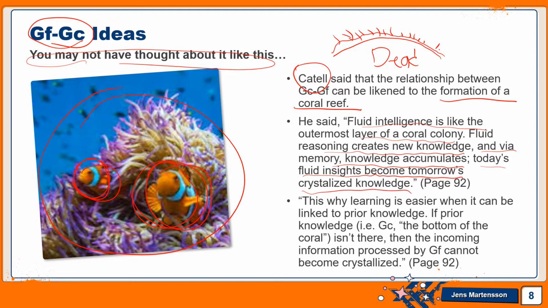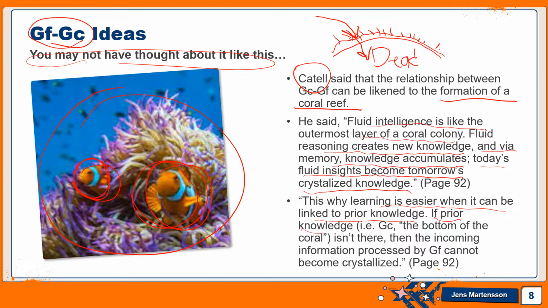So basically what he's saying is knowledge is coming in here, right? And it has to get past your fluid reasoning, has to be alive, before it then crystallizes later on into your crystallized intelligence. So this is why learning is easier when it can be linked to prior knowledge, right?